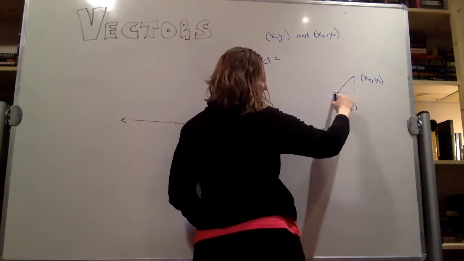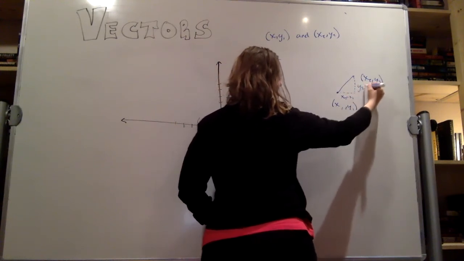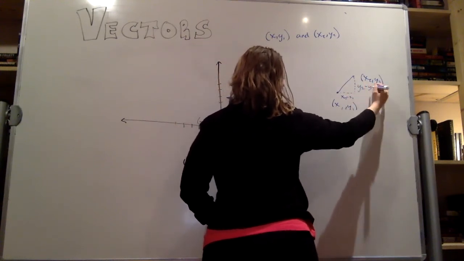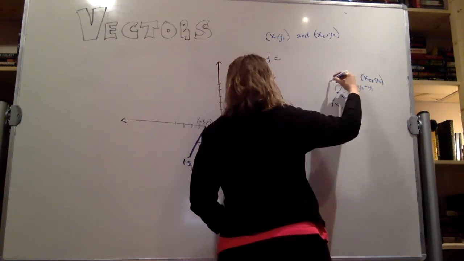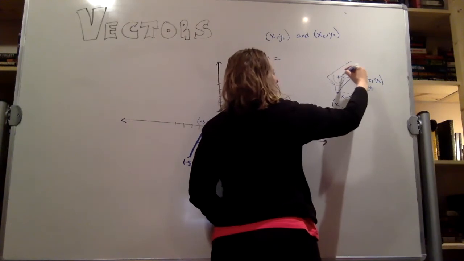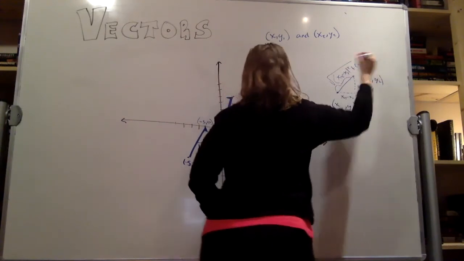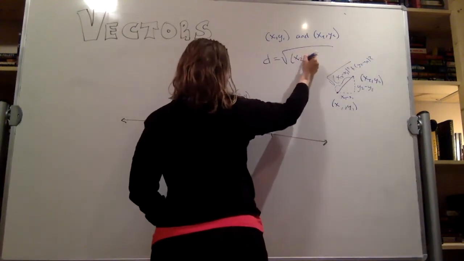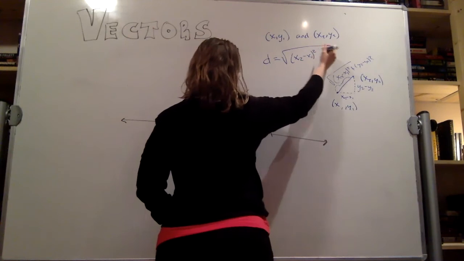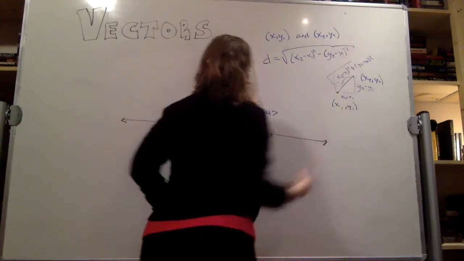This is the difference in their horizontal coordinates, or x2 minus x1. This is the distance in their vertical coordinates, or y2 minus y1. So this distance is going to be the square root of (x2 minus x1) squared plus (y2 minus y1) squared, which is our distance formula.